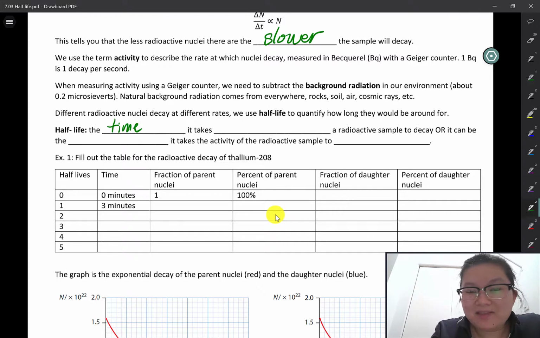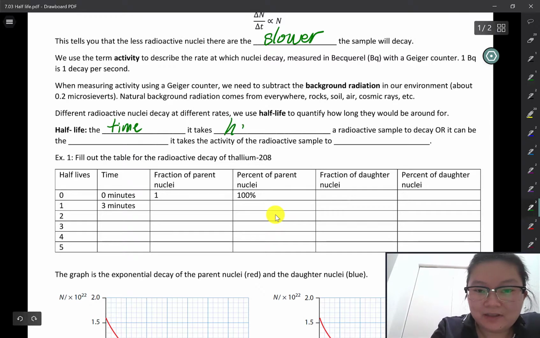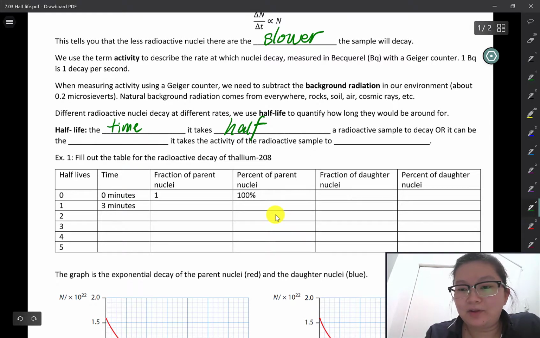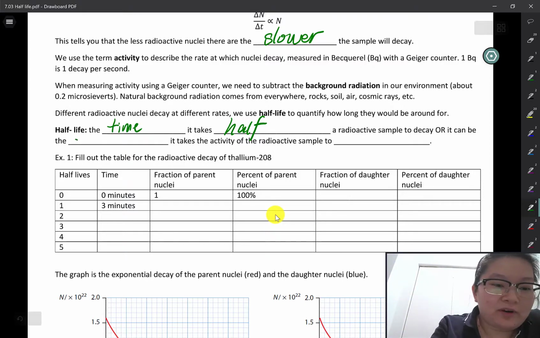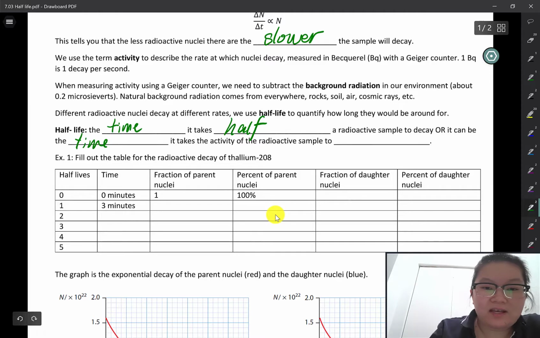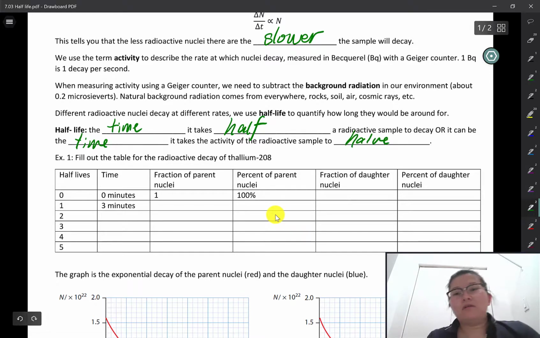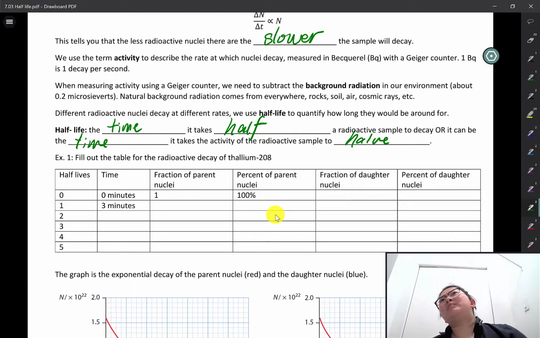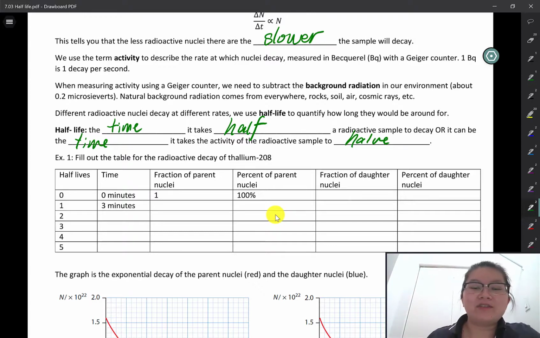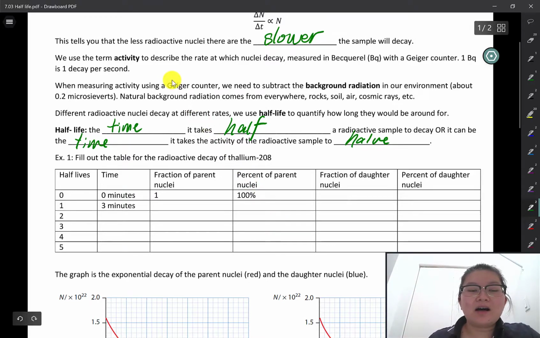It's the time that it takes half of a radioactive sample to decay, or the time that it takes the activity of the radioactive sample to halve. So we're either talking about the definition in terms of radioactive nuclei, or in terms of the activity of a sample. The activity represents the rate at which a sample is decaying.